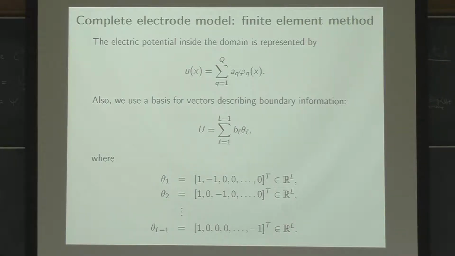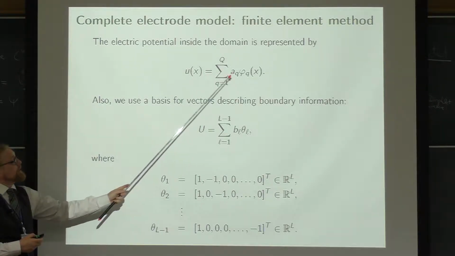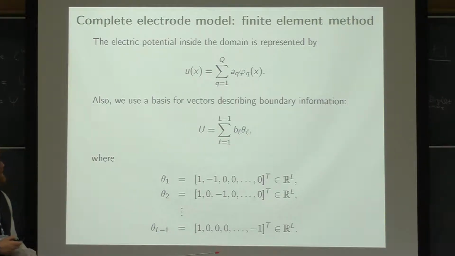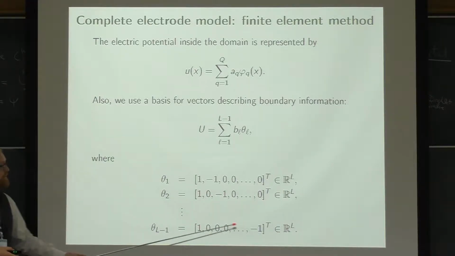So then the potential is of course represented by a sum of those basis functions, and one way of dealing with the vectors of voltage is, for example, to take such a basis for these vectors.